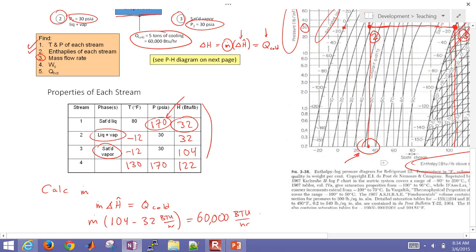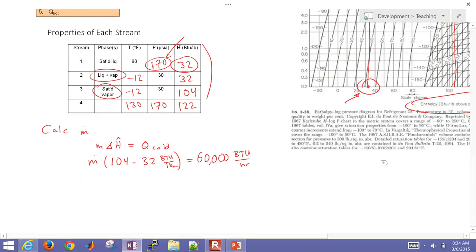Okay, so actually this was not per hour, that was per pound mass. Okay, so if we divide this over, then m dot is going to be 60,000 divided by 72. Okay, and that's BTUs per pound mass, and that's BTUs per hour.